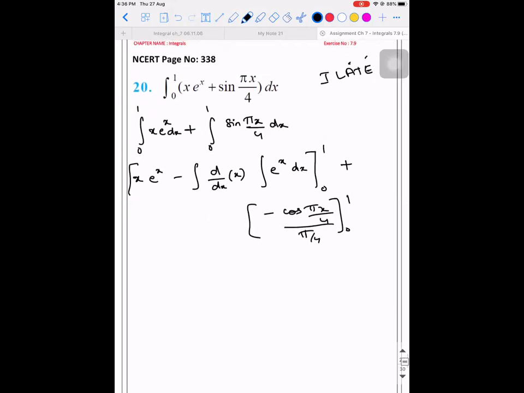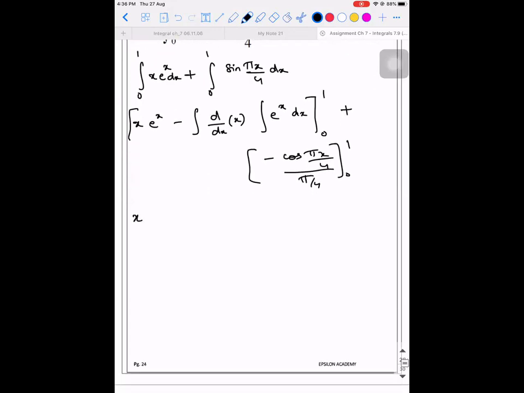So x into e power x minus integral of derivative of x is 1, integral of e power x is e power x dx, minus 4 divided by pi into cos pi x by 4 between 0 to 1.